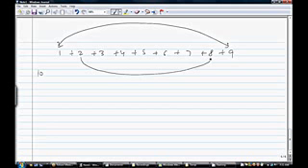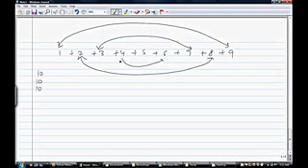Then 2 and 8 again add up to be 10, and 3 and 7 is again 10, and then 4 and 6 is again 10, and I'm left with 5.